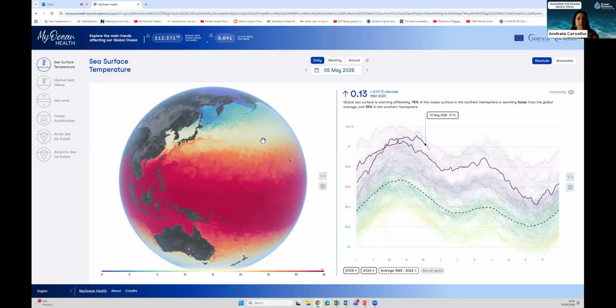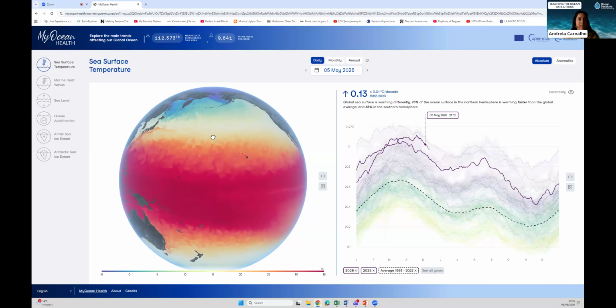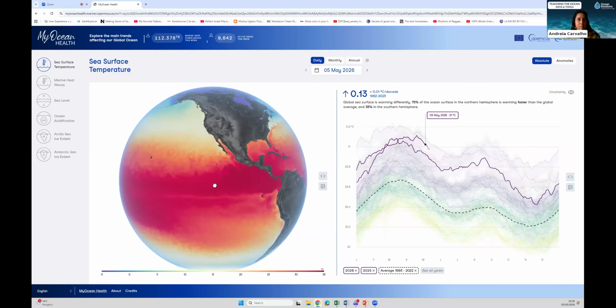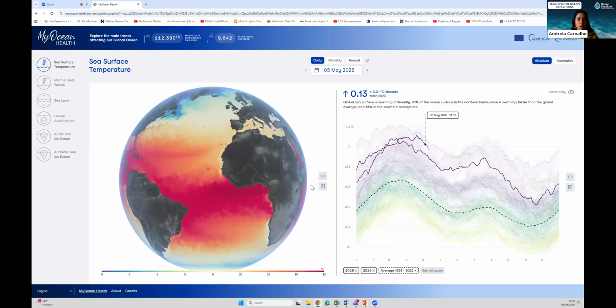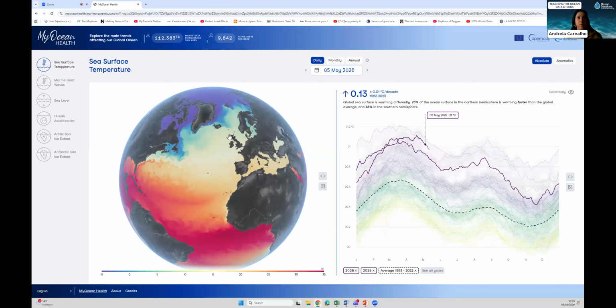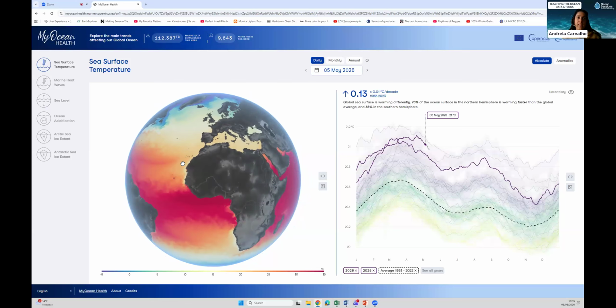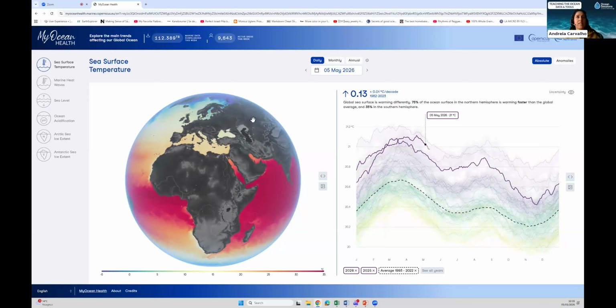So you can see, for example, here we see sea surface temperature. It's represented in this colored scale, and we see the typical difference in temperature, right? Warmer in the tropics, closer to the equator, colder near the poles. So you can actually really rotate the globe, so quite interactive.